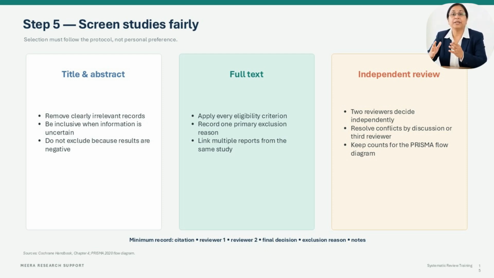Multiple publications may describe the same underlying study and must be linked rather than counted as separate studies. Important screening decisions should be made independently by 2 reviewers. Disagreements are resolved by discussion or a third person. Keep exact counts because they will be reported in the PRISMA flow diagram.